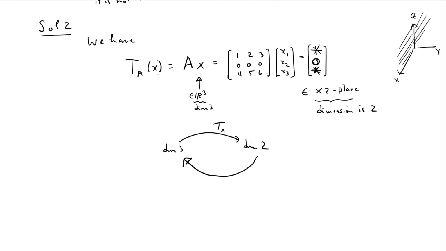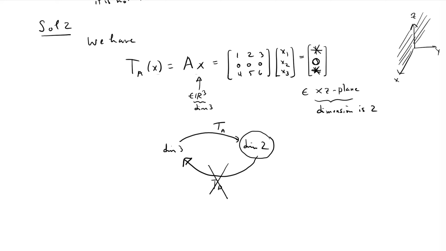So if I map objects in a two-dimensional space using a linear transformation T_B, at most I will end up in a space of dimension 2, 2 or less. So it's not going to be possible to create a linear transformation that maps a space of dimension 2 to a space of dimension 3.